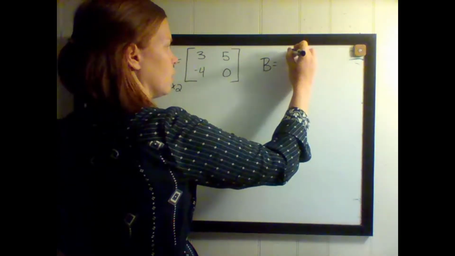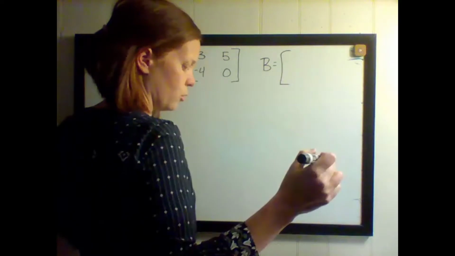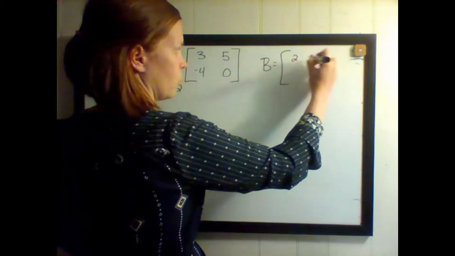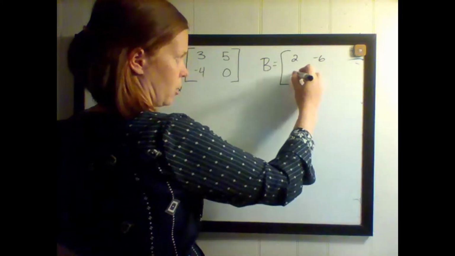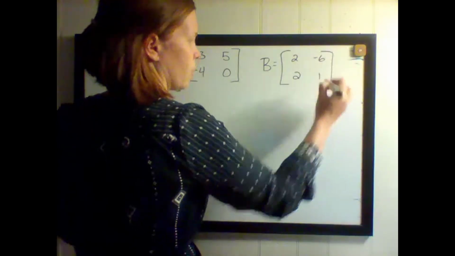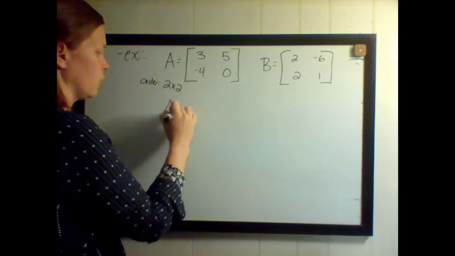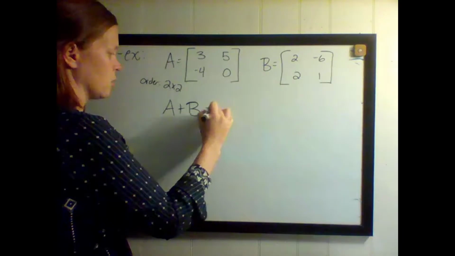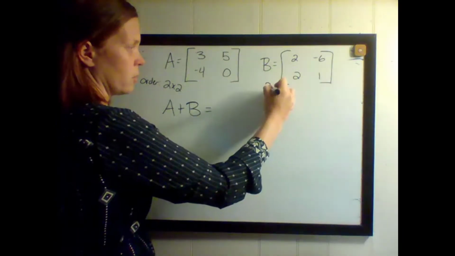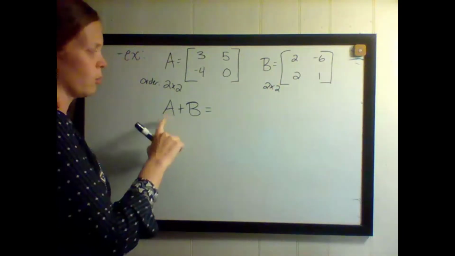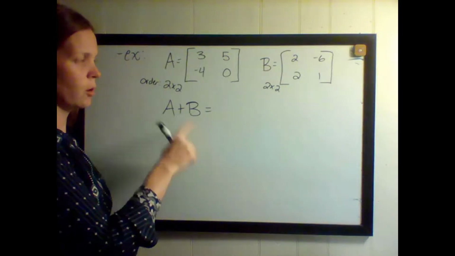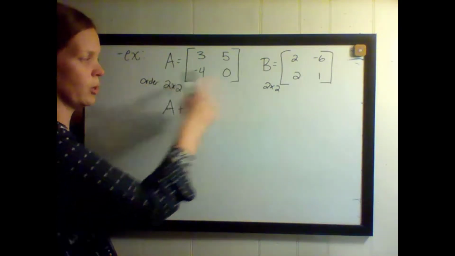Matrix B is also going to be a 2 by 2. So 2, -6 is the first row, and 2, 1 is the second row. In order to add or subtract matrices together, they would have to be the same order, 2 by 2 and 2 by 2.